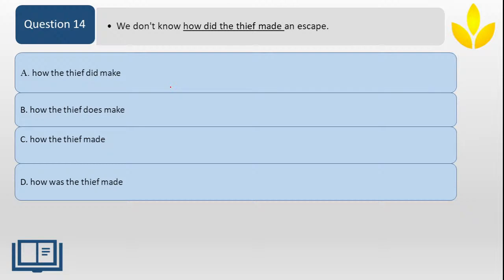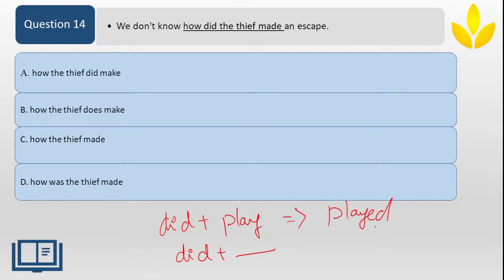That is where you should be aware. "How did" itself is past. So if you add "did" plus play, for any action, it will give you the past form, played, for regular verbs most of the time. For example, visit changes into visited. So why should I mention two past words?